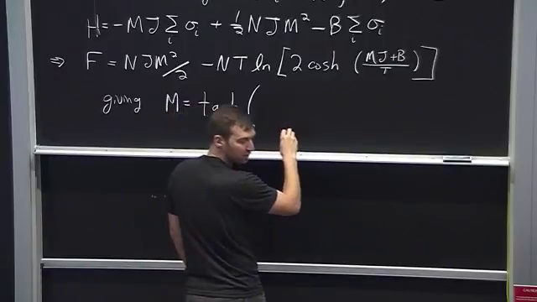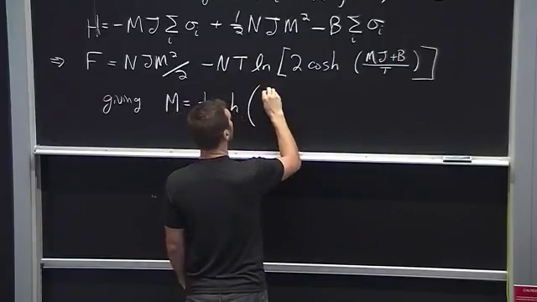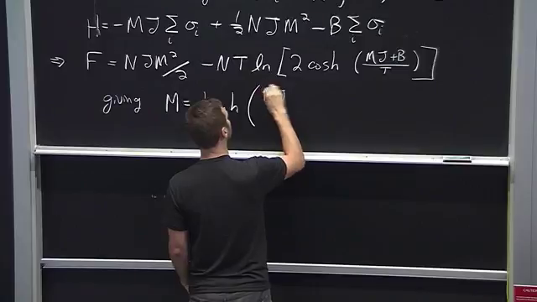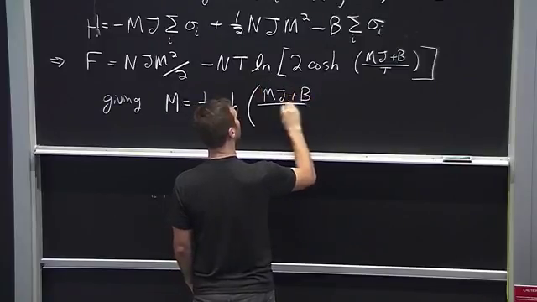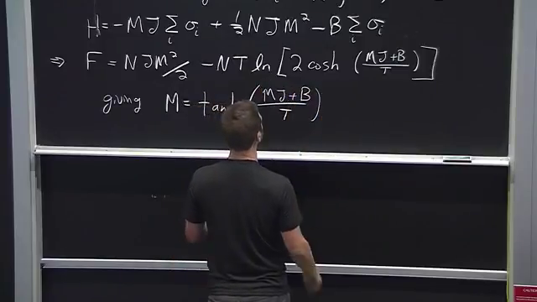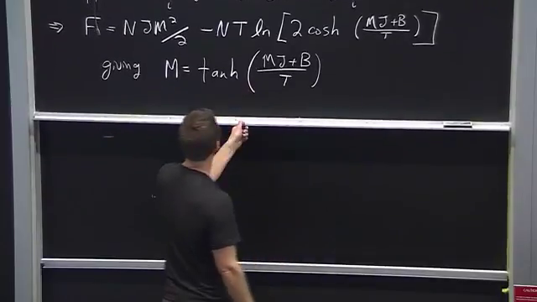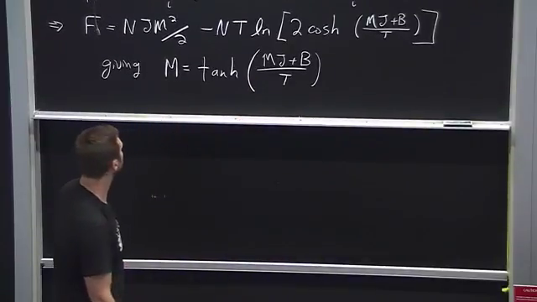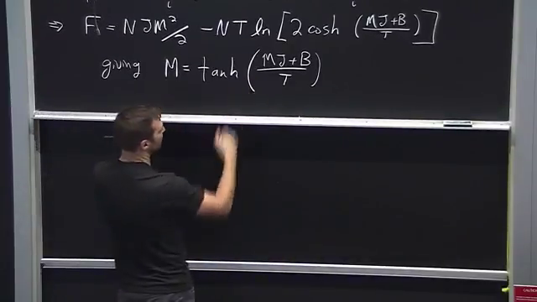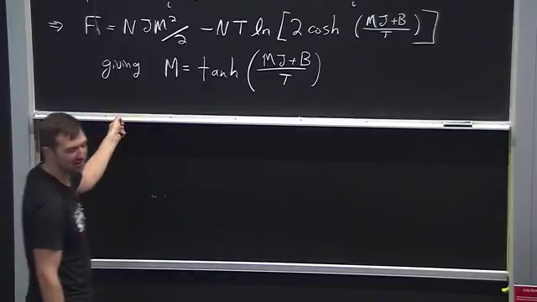So m equals tanh of (mJ + B) over T. Okay, so that's the nonlinear equation that you have to solve to get the magnetization.